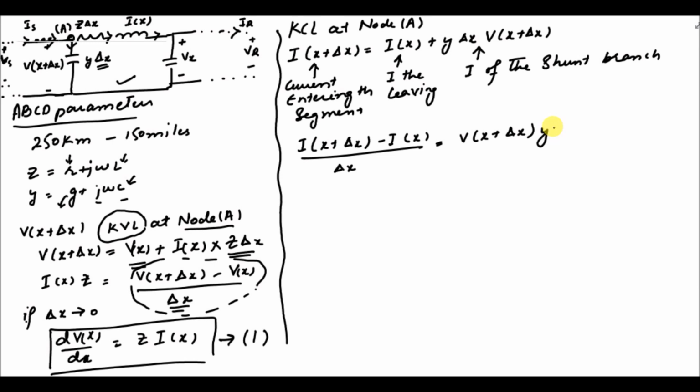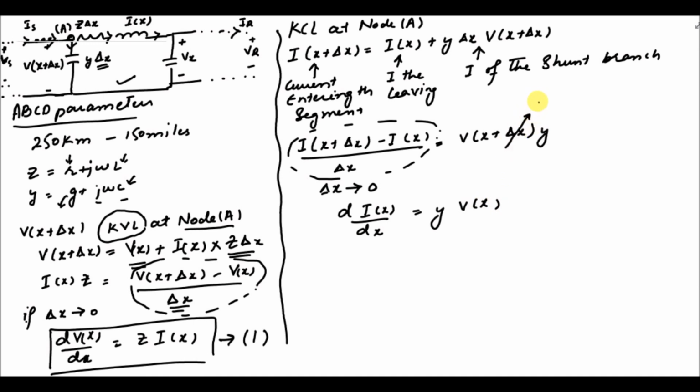And again, del x is a very small value, so if we apply the limit as del x approaches 0, this term will be converted into a derivative term. So the differential will be dIx over dx equal to y Vx. As del x approaches 0, we have y Vx, and this term is converted into the derivative. So this is our equation number 2.